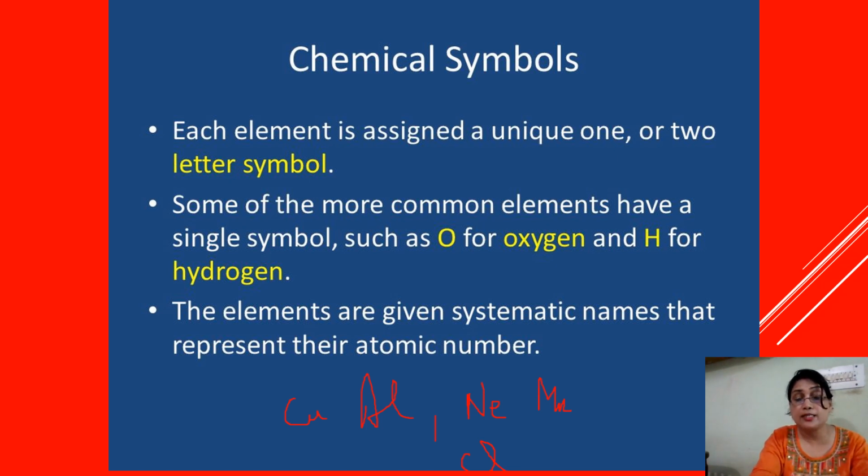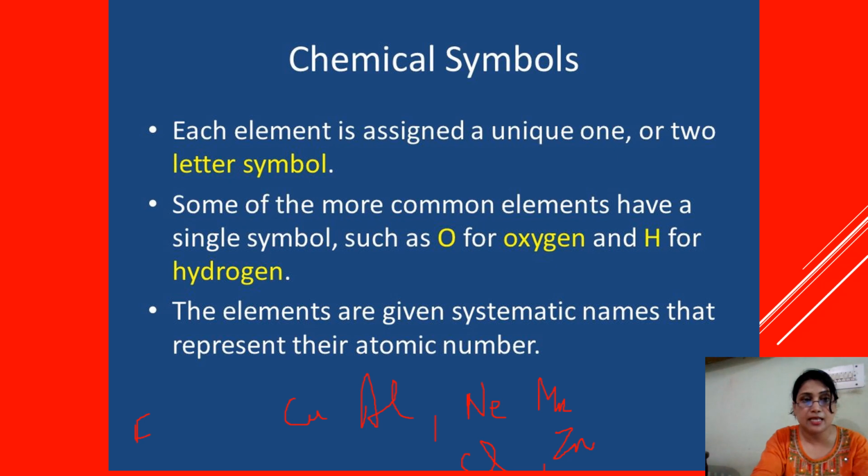Zinc, the spelling of zinc is ZINC, but the symbol given for zinc is Zn. So this is the third way: the first letter plus a later letter of that word. And fourth, it is derived from Latin or German and other languages, like iron.